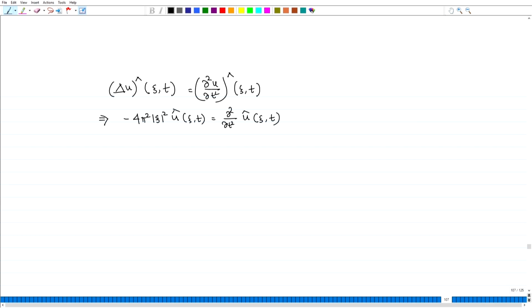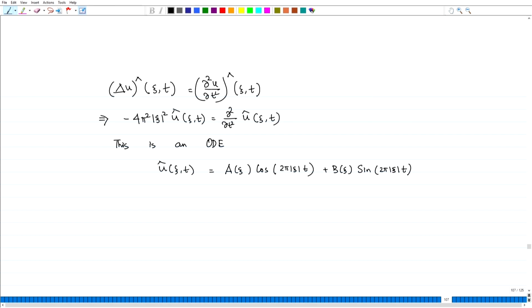So, this now is a second order ODE, and this will imply that u hat of xi comma t is equal to a(xi) cos 2 pi mod xi t plus b(xi) sin 2 pi mod xi t.